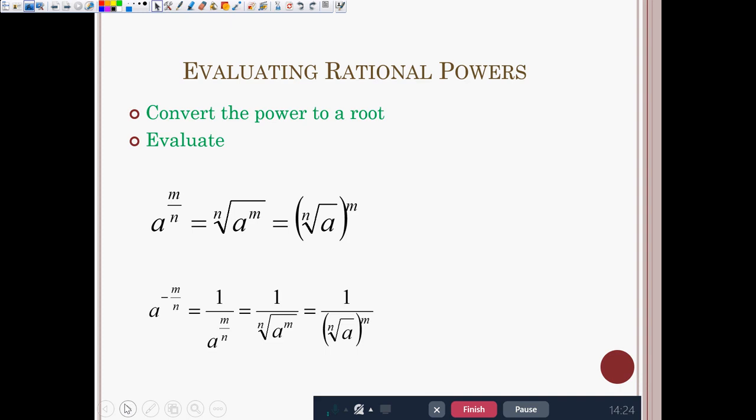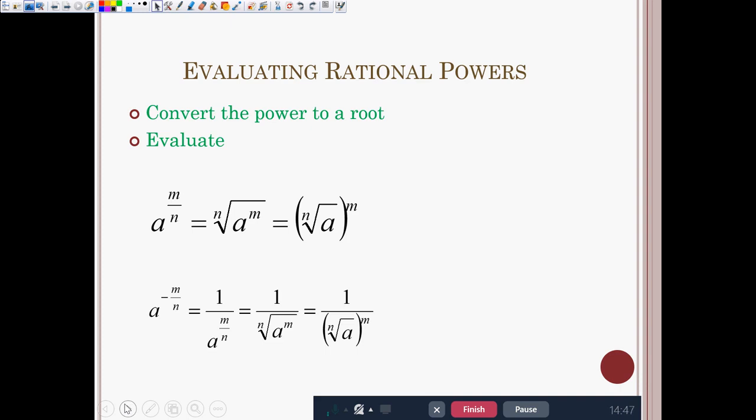So it becomes the reciprocal, which means it goes to the bottom. So this is the rule for a negative. You just put it under 1, okay? And then we just evaluate it the exact same way. But the negative goes away once it goes to the bottom. Okay? We'll be talking more about negative exponents tomorrow.